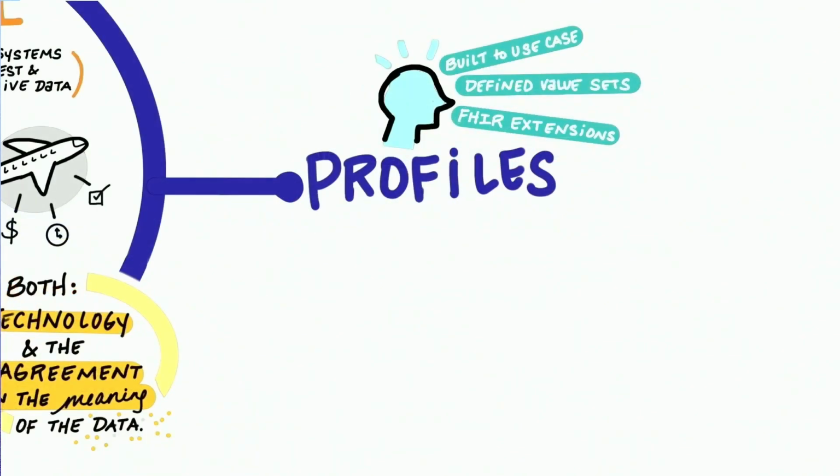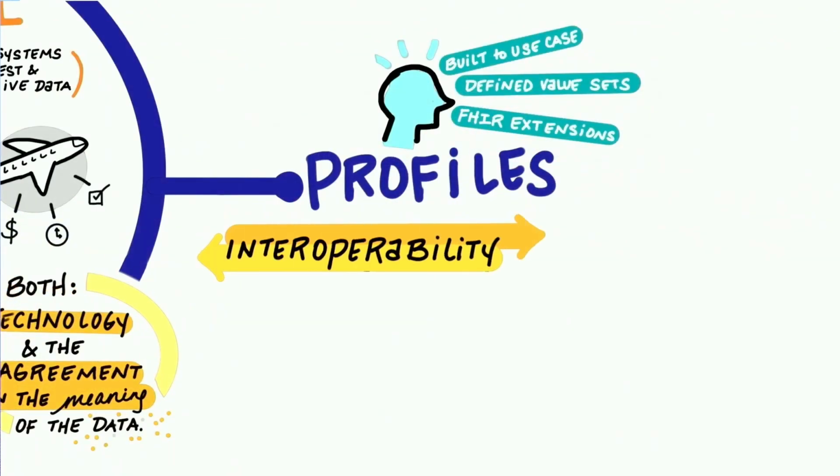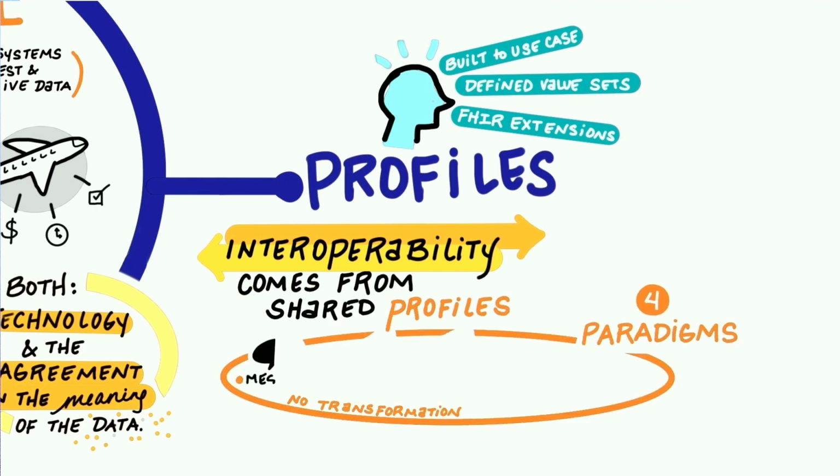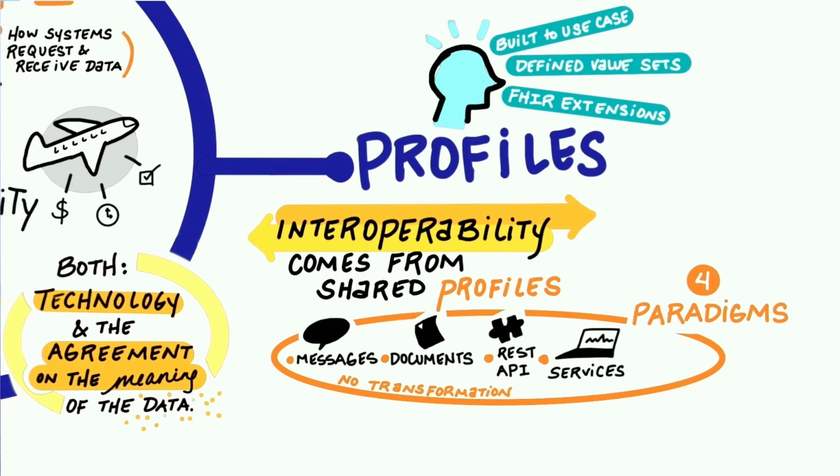Very importantly, interoperability is not in FHIR, it's in the FHIR profiles. So if we define a FHIR profile for some piece of data, then we can use that data in 4 different interoperability paradigms. That has never been true of any previous data standard.